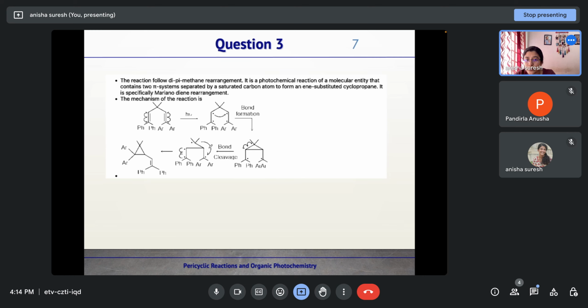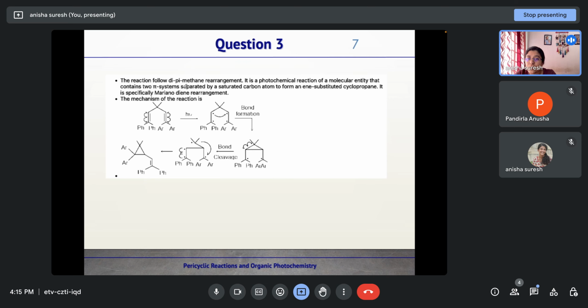That will combine to give a new cyclopropane ring, and these two radicals will combine, leading to the formation of this styrene kind of system here. Since the benzyl radical is stable, that is the reason why this is retained.